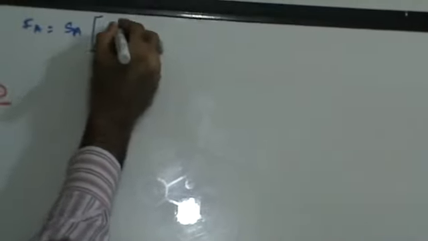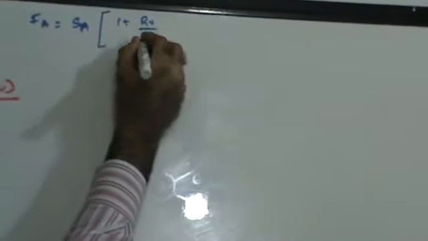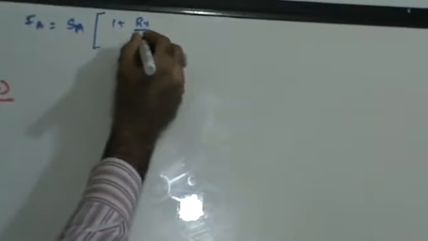Fine. Next, we did bid, now let's do ask. Right? Forward ask is spot ask into 1 plus rate of interest in variable currency upon 100 into n by 12.